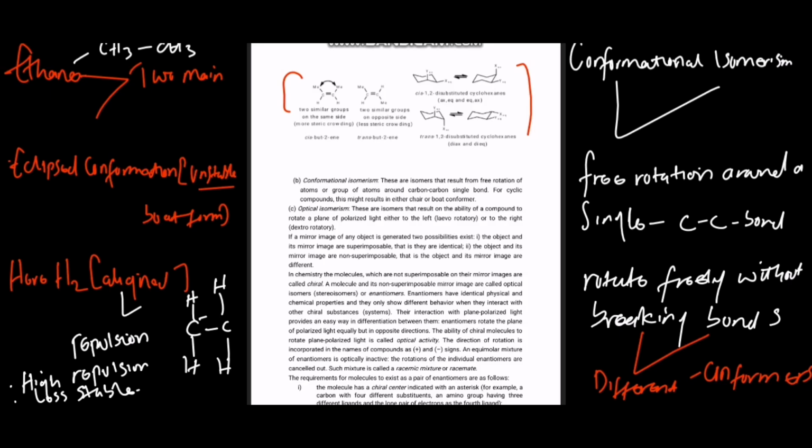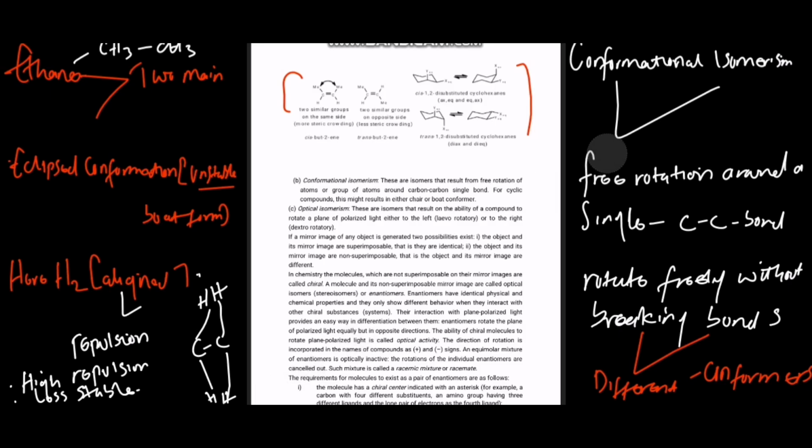Let me draw this properly. The hydrogens are very close, and since they are very aligned, there is high chance of repulsion, and since there is high chance of repulsion, they are less stable.